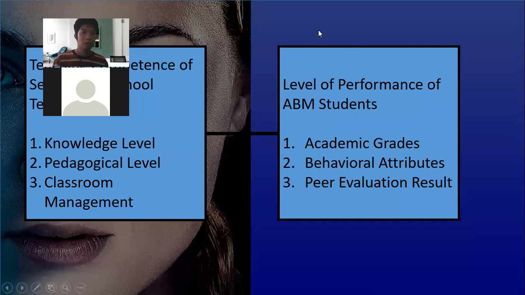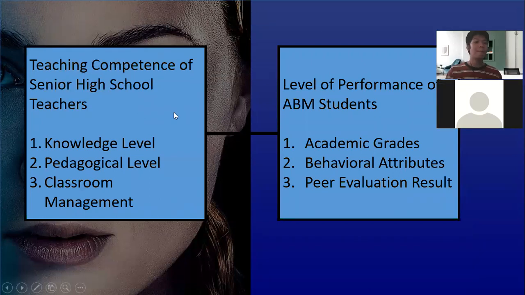Kaya halimbawa, ito. Teaching competence of senior high school teachers if maka-affect ba siya sa level of performance of ABM students? For example, under the teaching competence, knowledge level, pedagogical level, classroom management. If they can affect possible performances, future performances among ABM students.